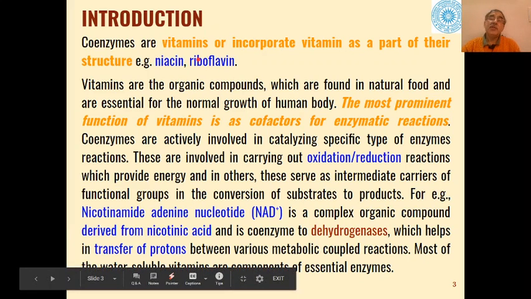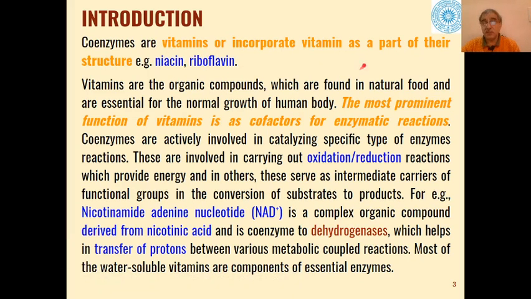And most commonly the coenzymes are vitamins, or they incorporate vitamins as part of their structure. So the whole of the vitamin can be the coenzyme, or part of the coenzyme can be incorporated in the form of a vitamin.